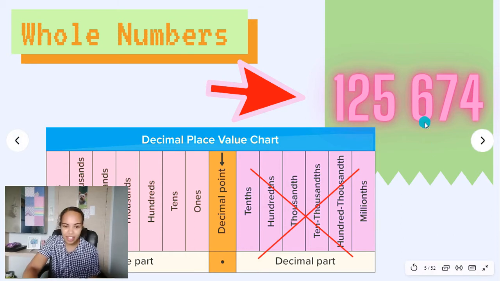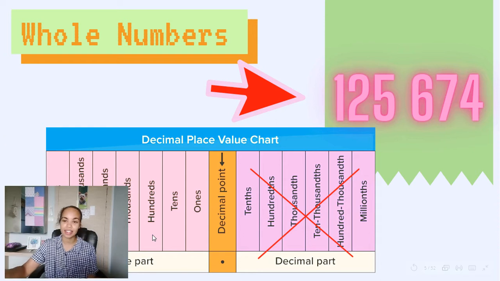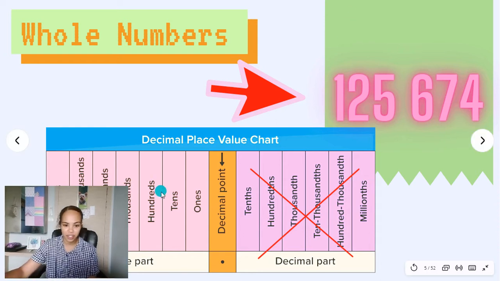The 6 is in the hundreds column, and that means that the 6 stands for 6 hundreds. Therefore, the value of the number 6 is 600. What digit do we see in the thousands column? This one is super easy.